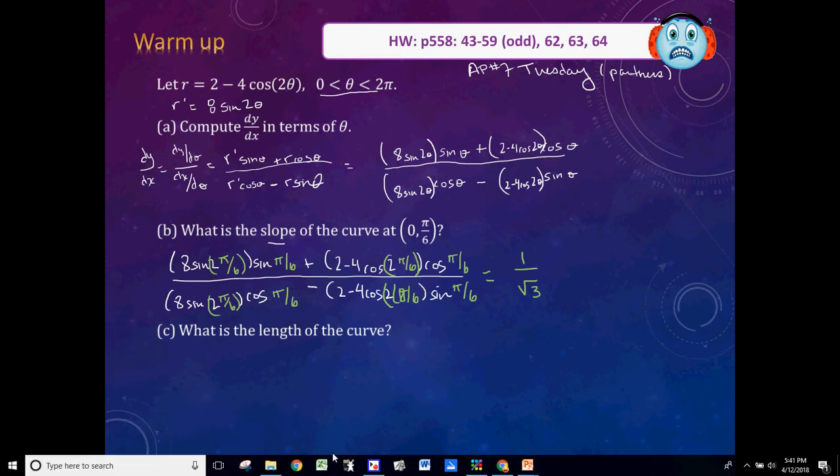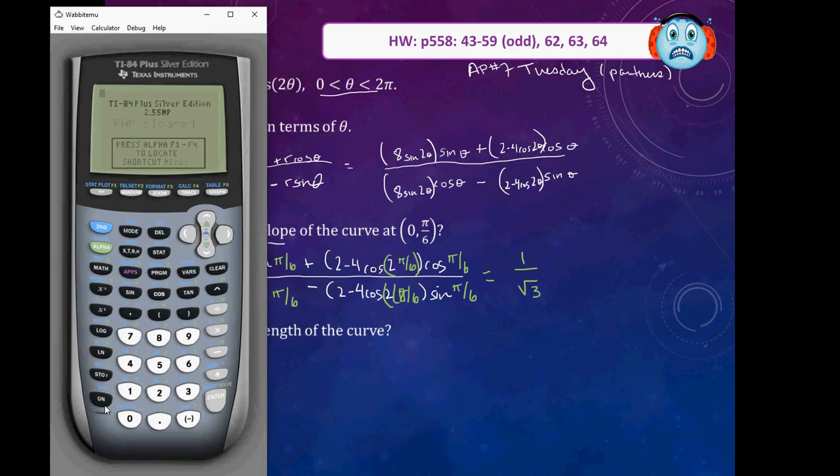If you have your calculator, put it in polar mode, make sure I'm in radians, and I can turn on polar coordinates if I like. There's my pretty graph.